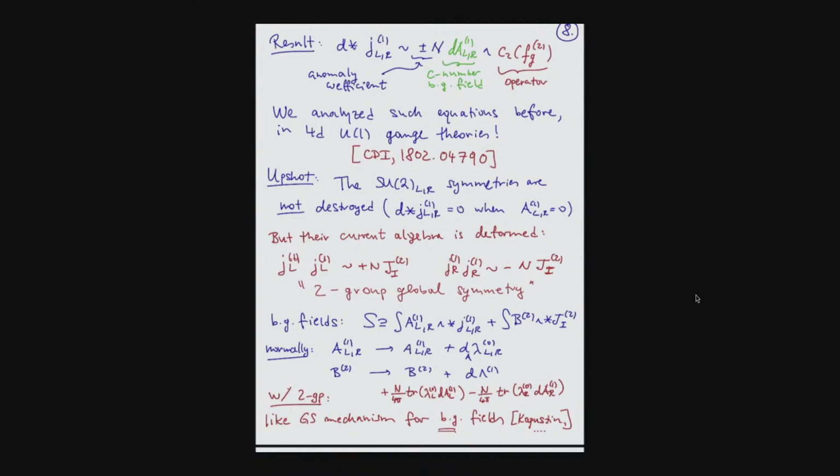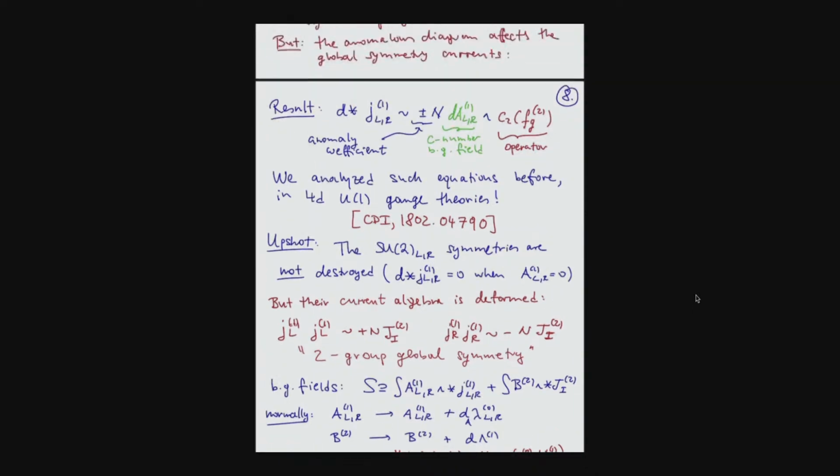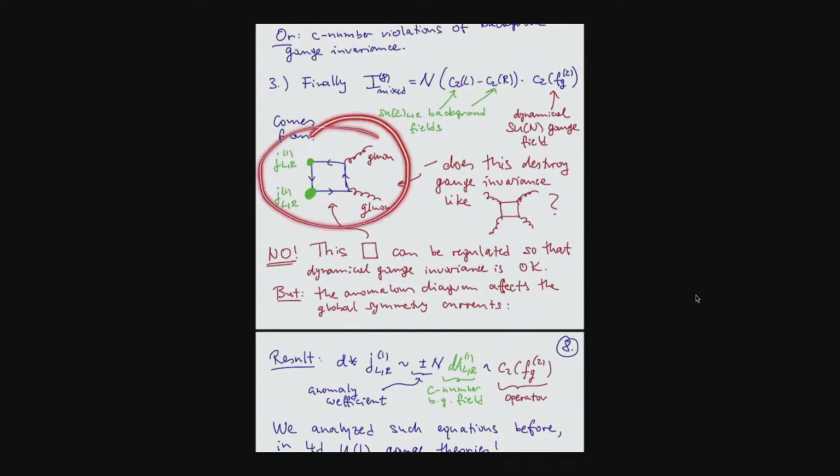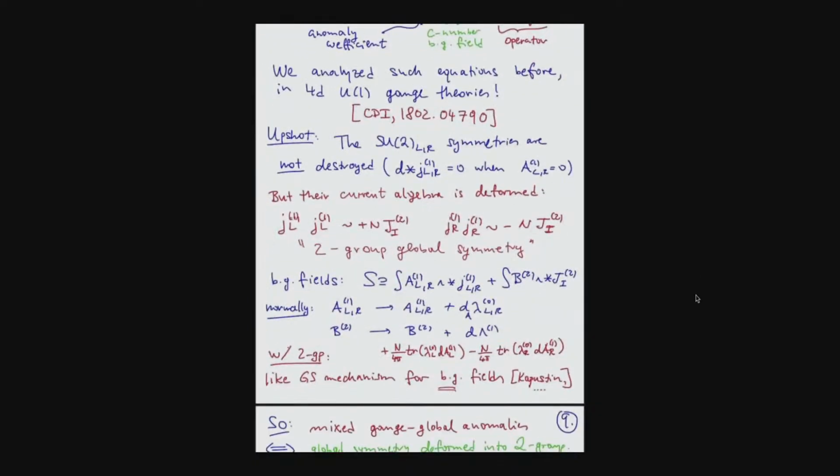But right now, this is just a phenomenon in quantum field theory at the level of current algebra. So at a very lowbrow level, you could just say that this anomaly diagram represents a mixing of these two currents fusing into the gluon-gluon operator representing this two-form here.